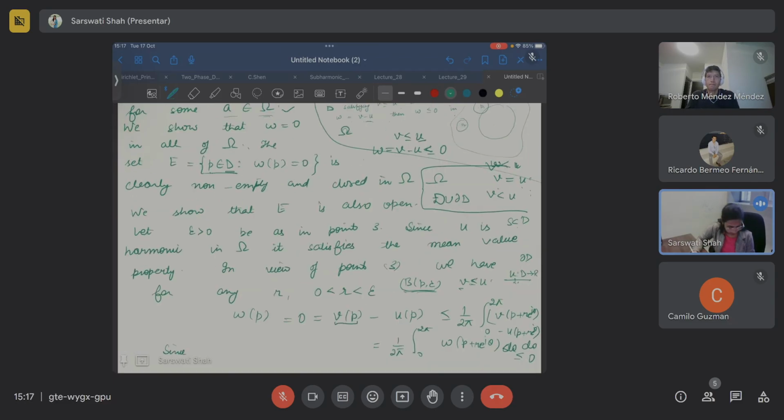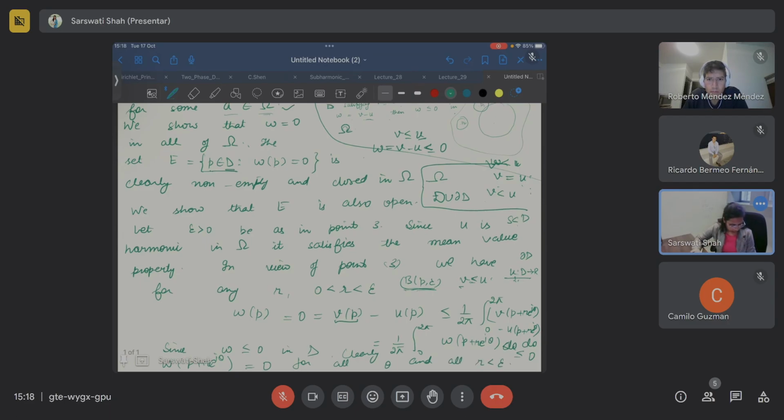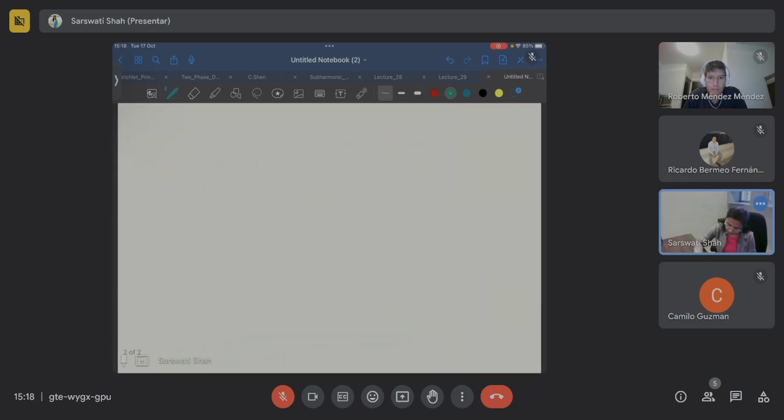According to our assumption that is less than or equal to 0. Since W is less than or equal to 0 in D, clearly W of P plus r e to the power i theta equals 0 for all theta and all radius r less than epsilon. So when W equals 0 in this case, it also implies that E is open.